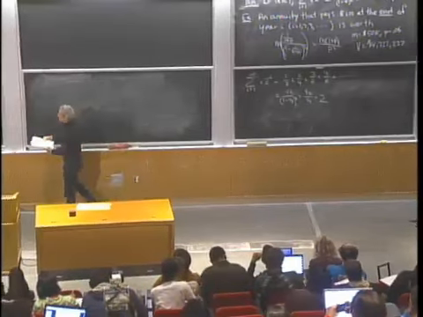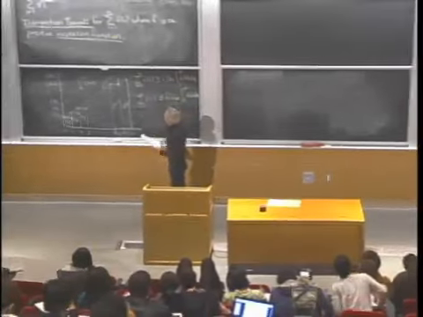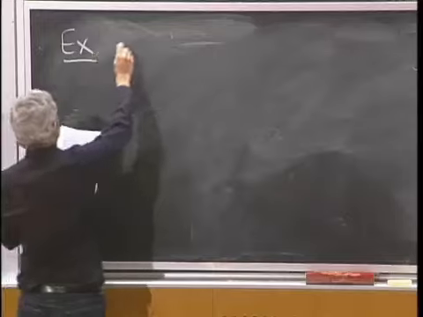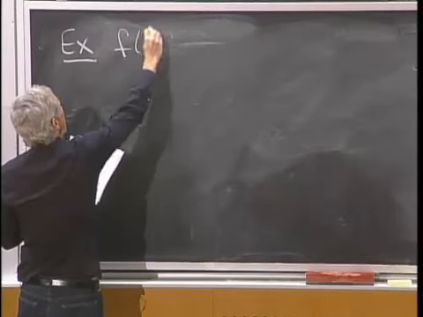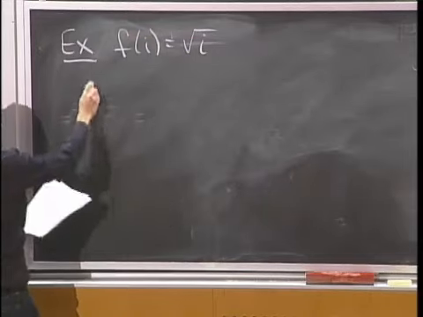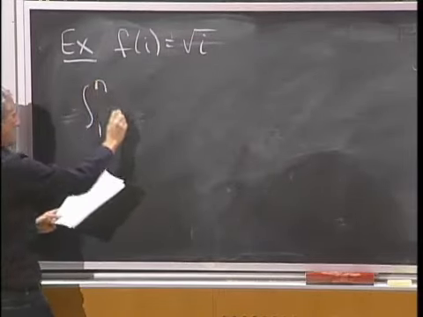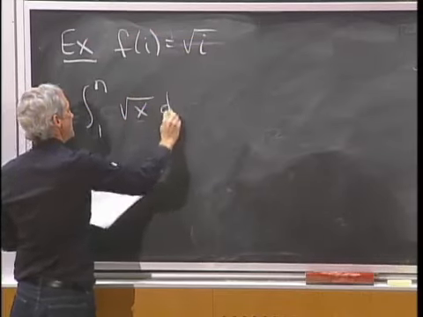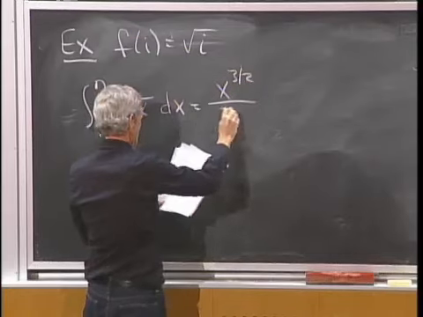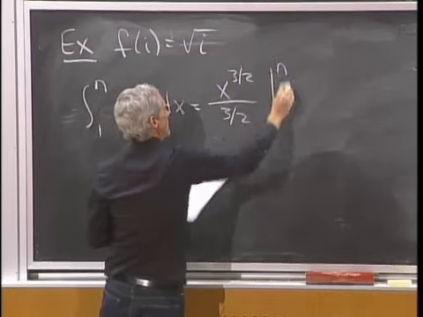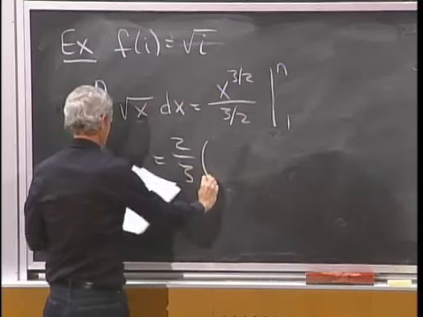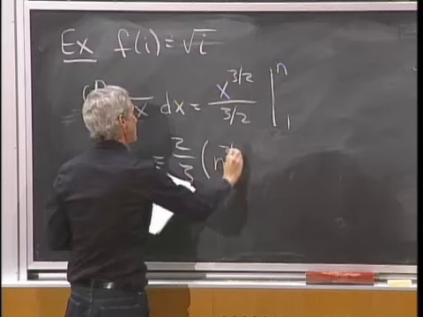Okay, so now we can actually get close bounds on the sum of the square roots. Let's see how this works for f of i equal to the square root of i, which is increasing. So I compute the integral from 1 to n of square root of x dx. And that's just x to the 3 halves over 3 halves, evaluated at n and 1. And that just equals 2/3 times n to the 3 halves minus 1.